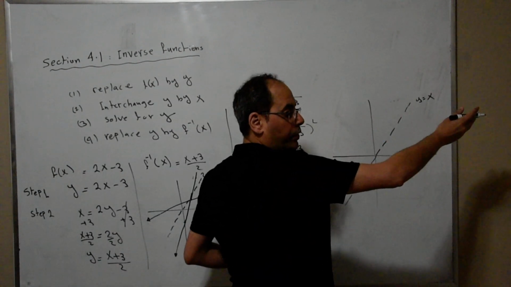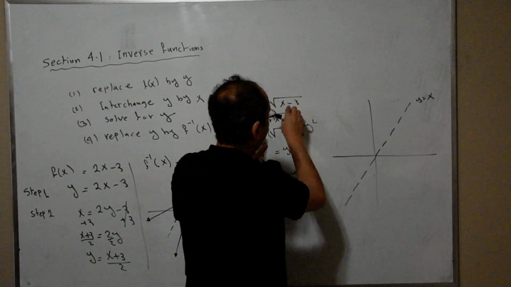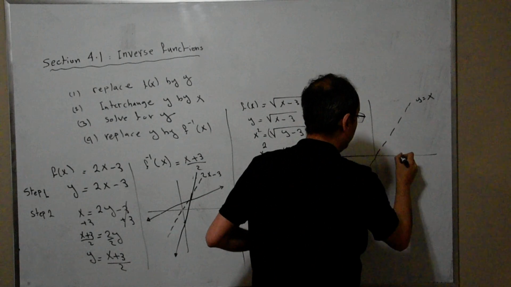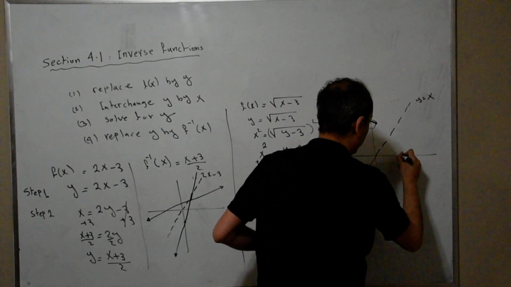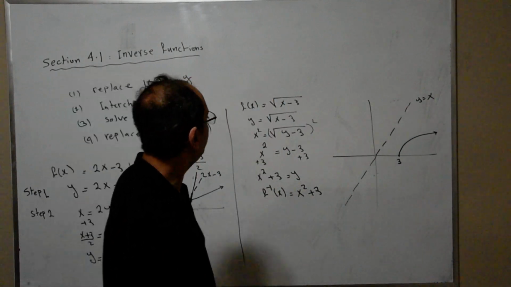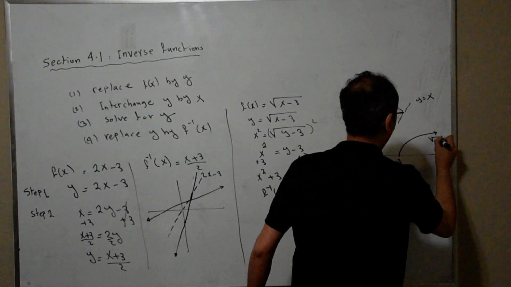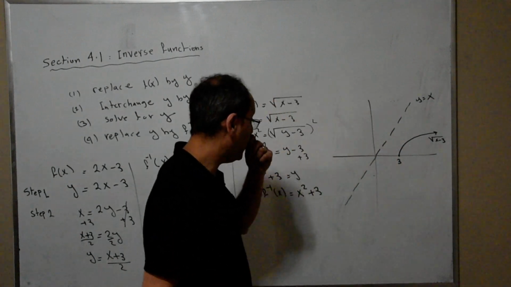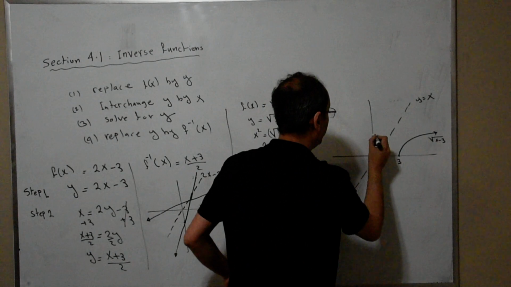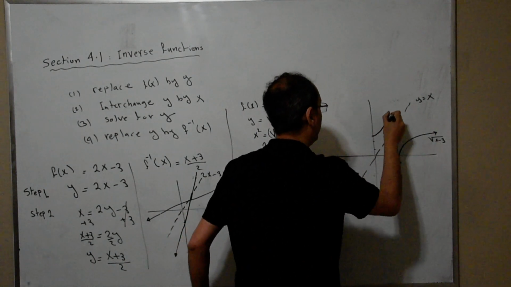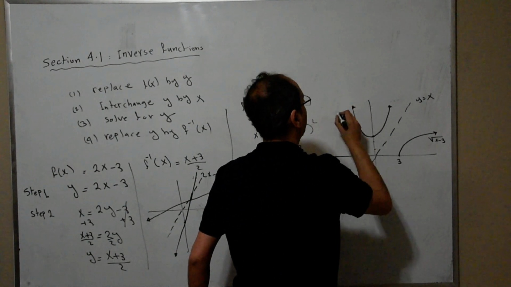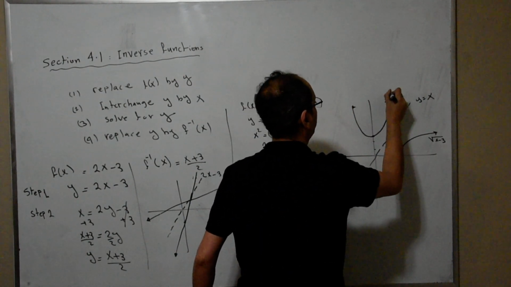The square root of x goes that way, but I have to shift it 3 points to the right. So here is 3, and that must be this way. So this is root of x minus 3. Now the second one is x squared plus 3. So I'm going to go here, 1, 2, 3, and that would be x squared plus 3.